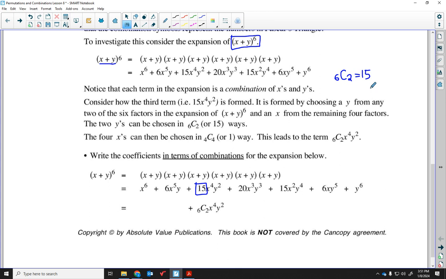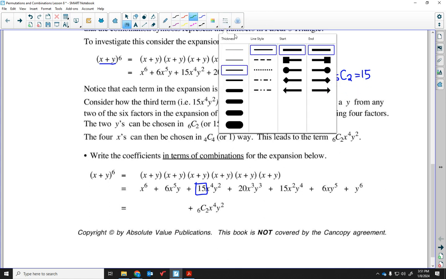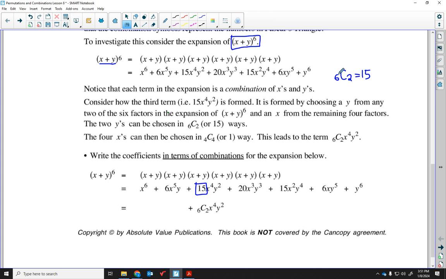Now, here's the way that you would think about why it is 6 choose 2. First of all, where does the 6 come from? Well, the 6 is the fact that you have 6 different binomials to pick from. So you have a binomial here, that's 1, 2, 3, 4, 5, and then 6.